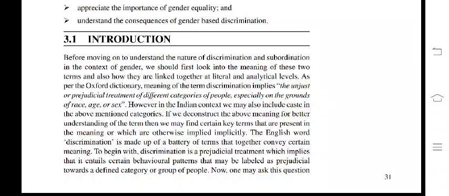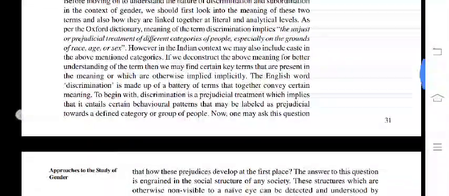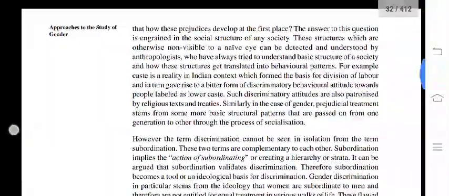To begin with, discrimination is a prejudicial treatment which implies that it entails certain behavioral patterns that may be labeled as prejudicial towards a defined category or group of people. Now one may ask this question, how these prejudices develop in the first place. The answer to this question is ingrained in the social structure of any society.